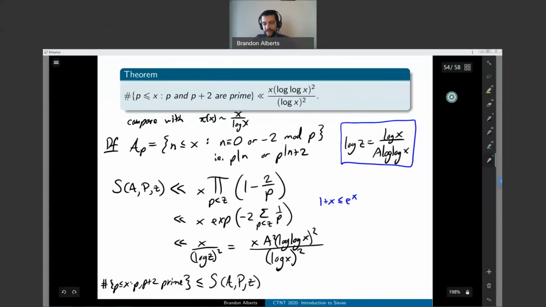But we also have to worry about the small primes that we did remove. There could be twin primes smaller than z, and those got removed too. So we'll add those back in as an upper bound and say that twin primes less than z, well, that's at most the total number of primes less than z.